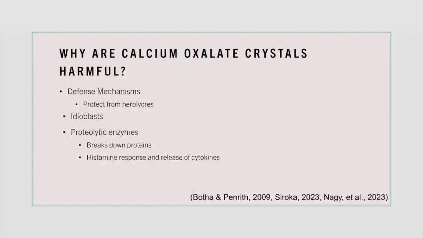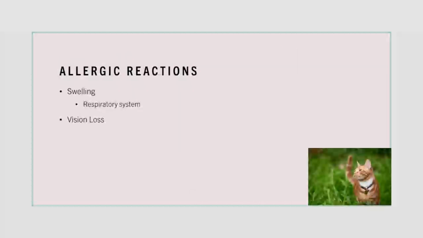These plants also release proteolytic enzymes which break down proteins. This causes a histamine response and the release of cytokines in the affected animal. This is similar to an allergic reaction. The tissue will swell as the immune system responds to the toxin.